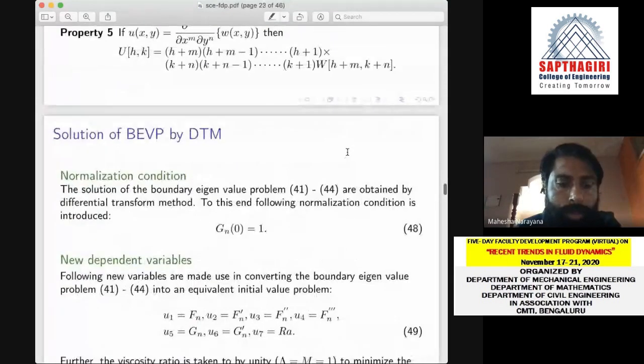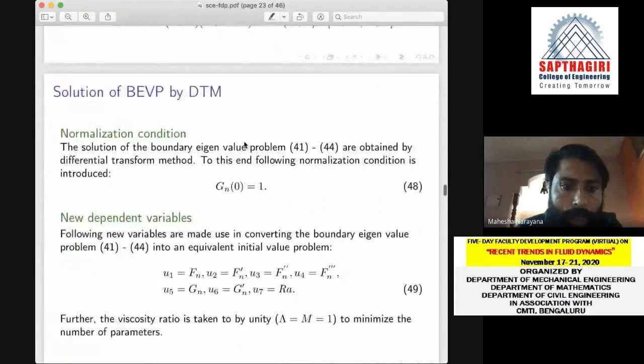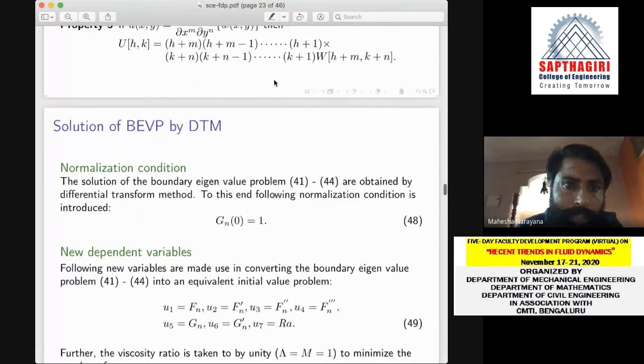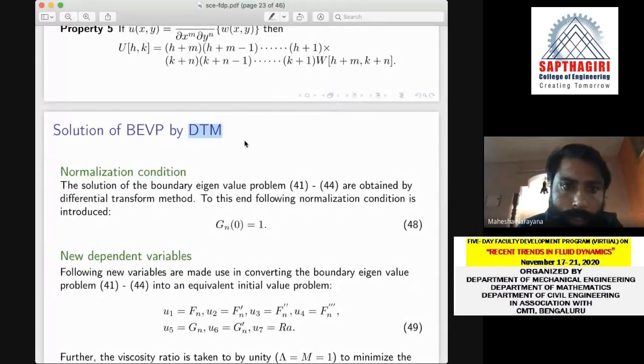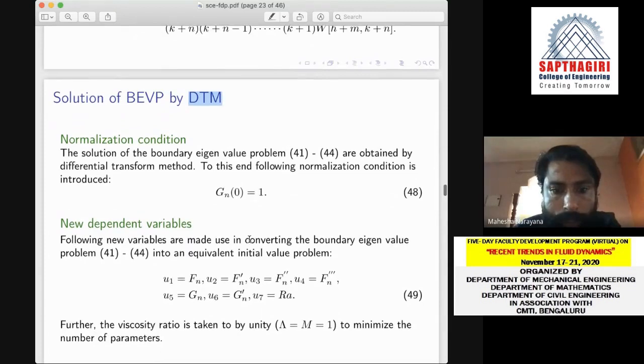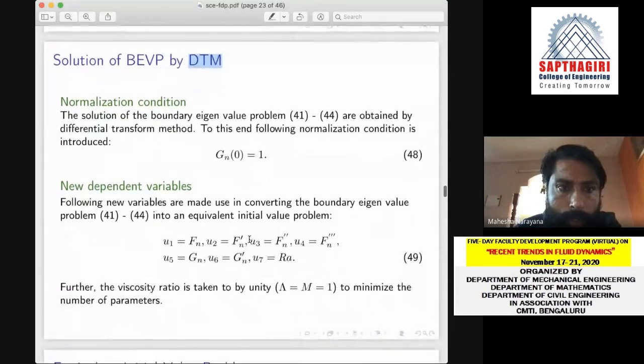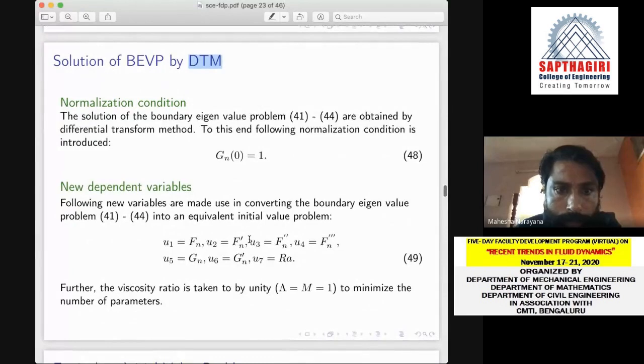Now let us see how we are going to handle the boundary eigenvalue problem using differential transform method. The differential transform method in its original form can be applied to initial value problems. So there is a need that we convert our boundary eigenvalue problem into an initial value problem just to facilitate the use of differential transform method.